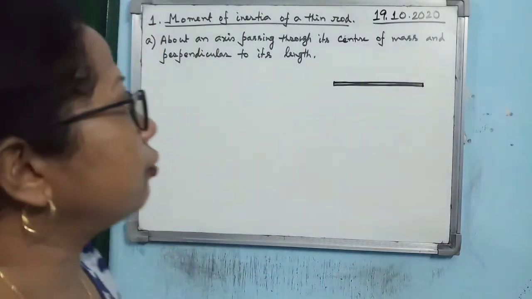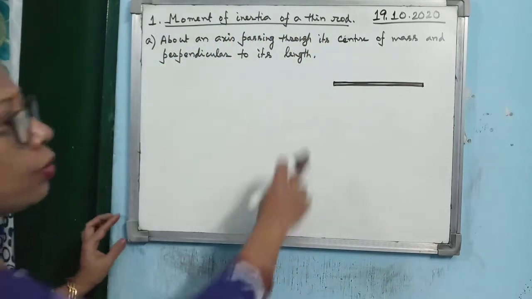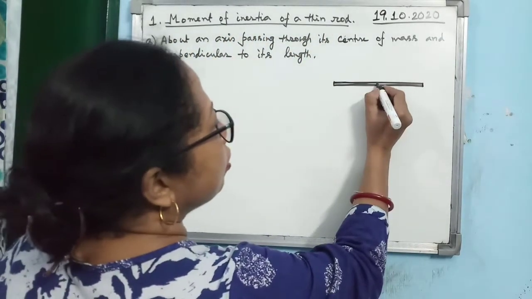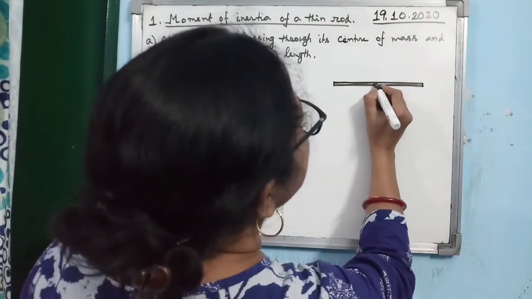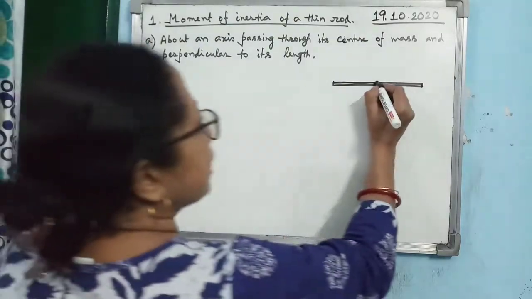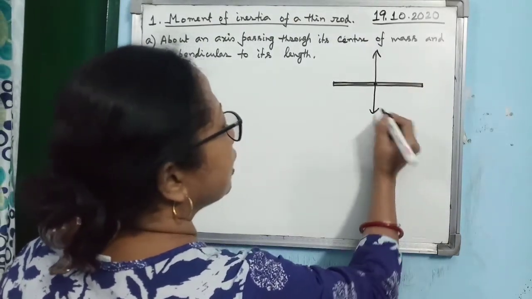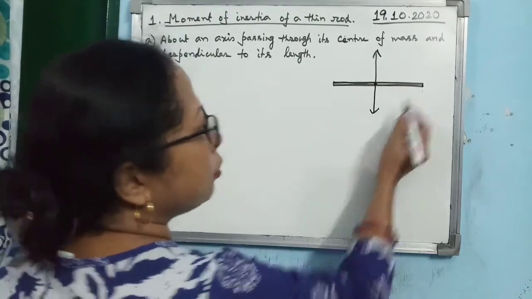So the first case is the moment of inertia of a thin rod. Suppose you have a thin rod, then you know the center of mass is situated at the midpoint. Consider an axis passing through the center of mass and perpendicular to its length.